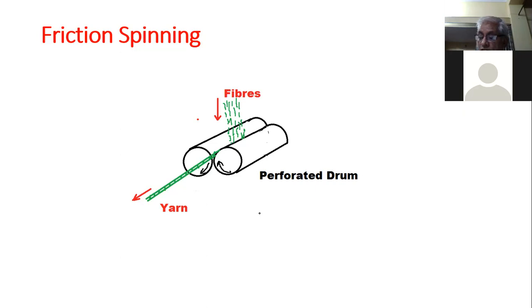In this case, the fineness of the resultant yarn will be dependent upon the mass of the fiber which is fed per unit of time and the withdrawal speed. So depending upon these two factors, the fineness of the yarn will be determined. And how will the twist be decided? Twist will be decided by the relationship between yarn revolution and withdrawal speed.